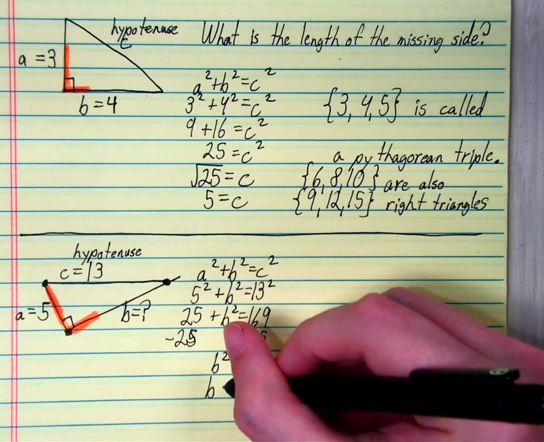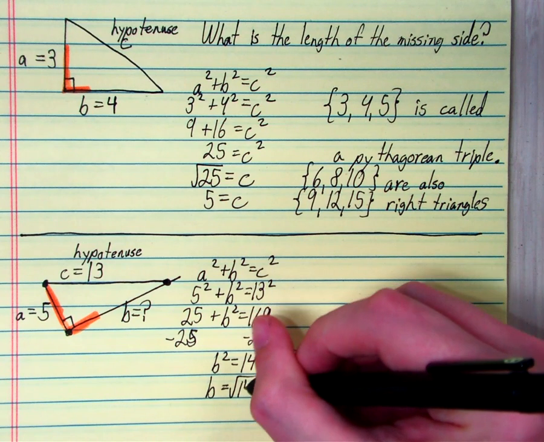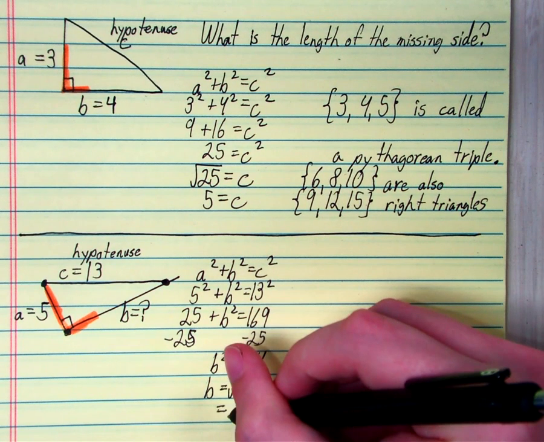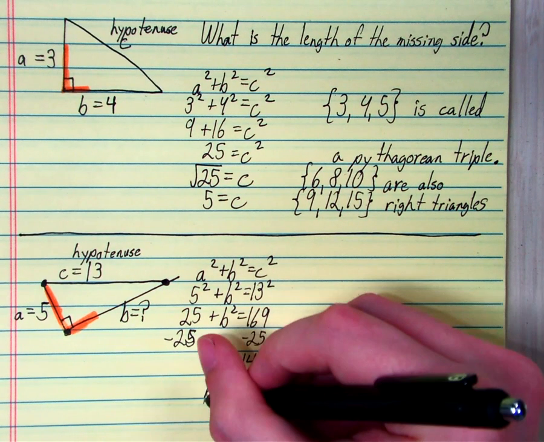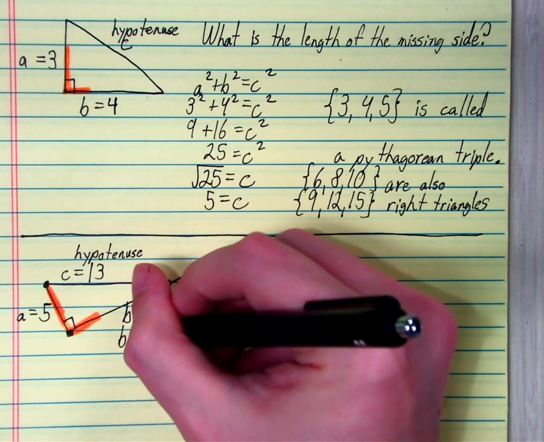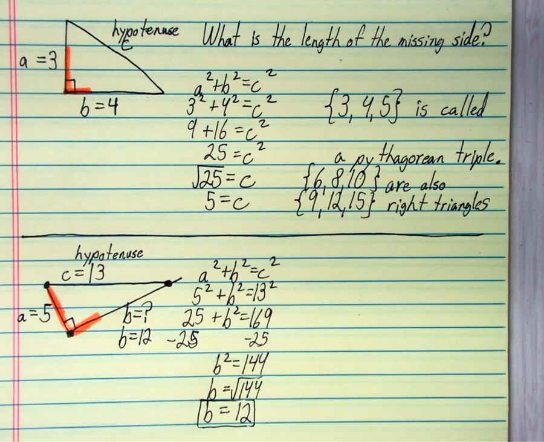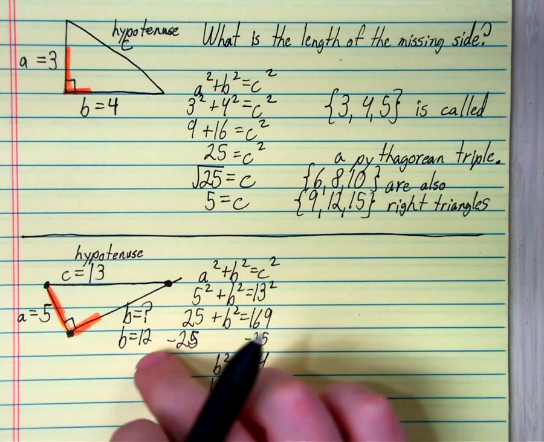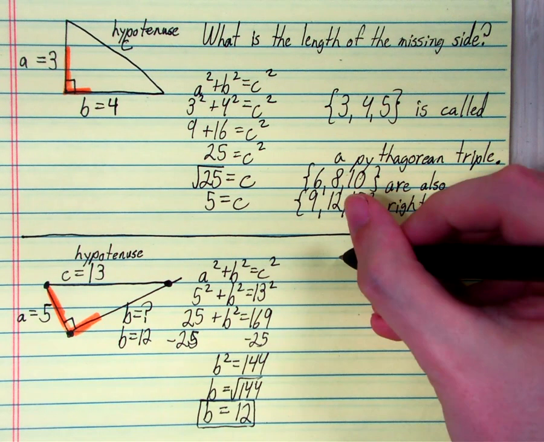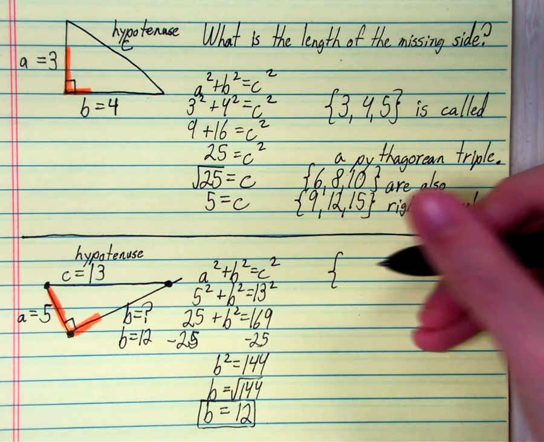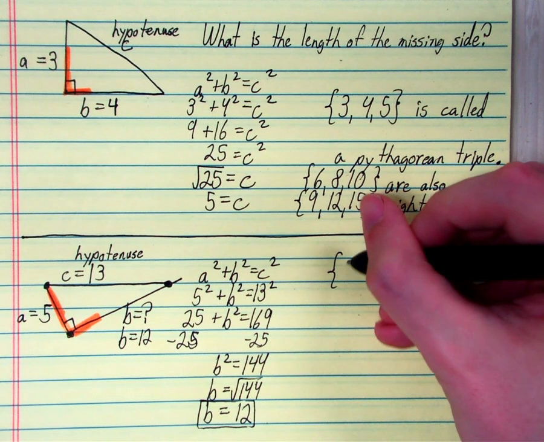So we'll get b equals the square root of 144, or 12. So b equals 12. And that's going to be another Pythagorean triple. 5, 12, 13 would be another Pythagorean triple.